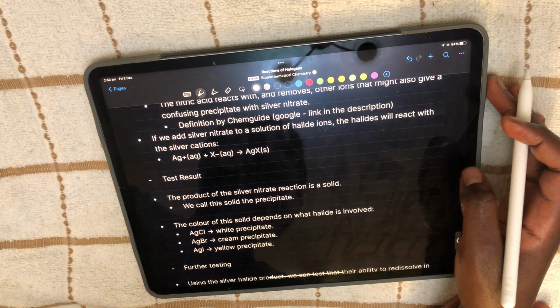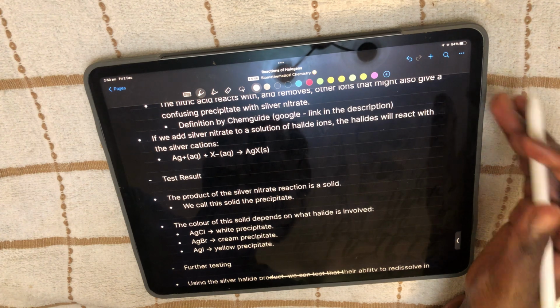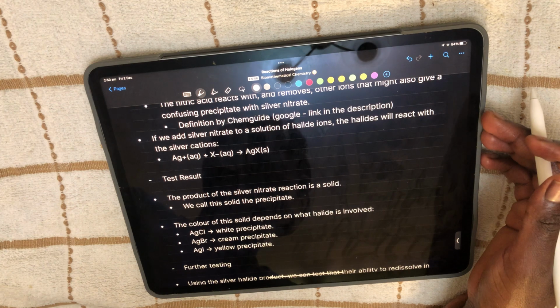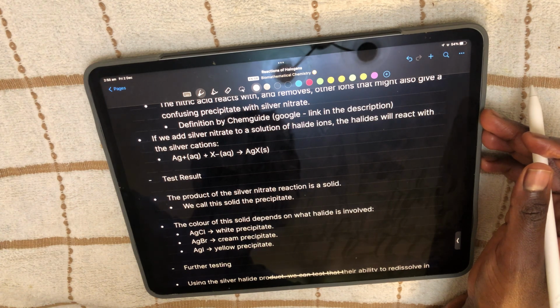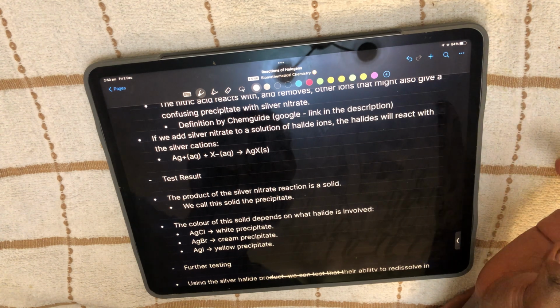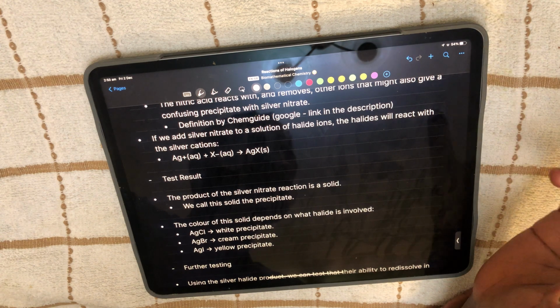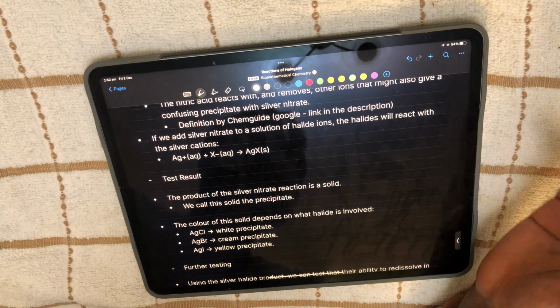So we add dilute nitric acid first to remove any soluble carbonates and hydroxides. These could react with silver nitrate to form insoluble silver carbonate or silver hydroxide, and they kind of look a certain white color, and that could give a false positive. We call that a false positive result, and that's what we want to avoid, right?